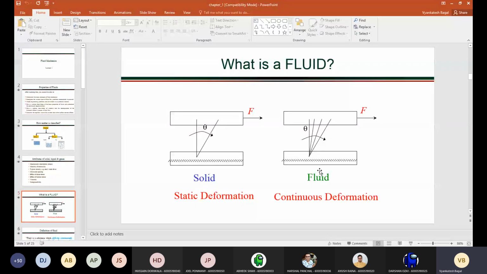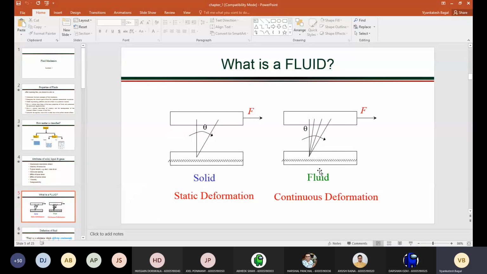The first observation: under the influence of the shear force, the top plate will move, and since fluid cannot withstand shear, it too starts moving in the same direction in which your plate is moving. This is your first observation. The important line is that fluid cannot withstand shear.